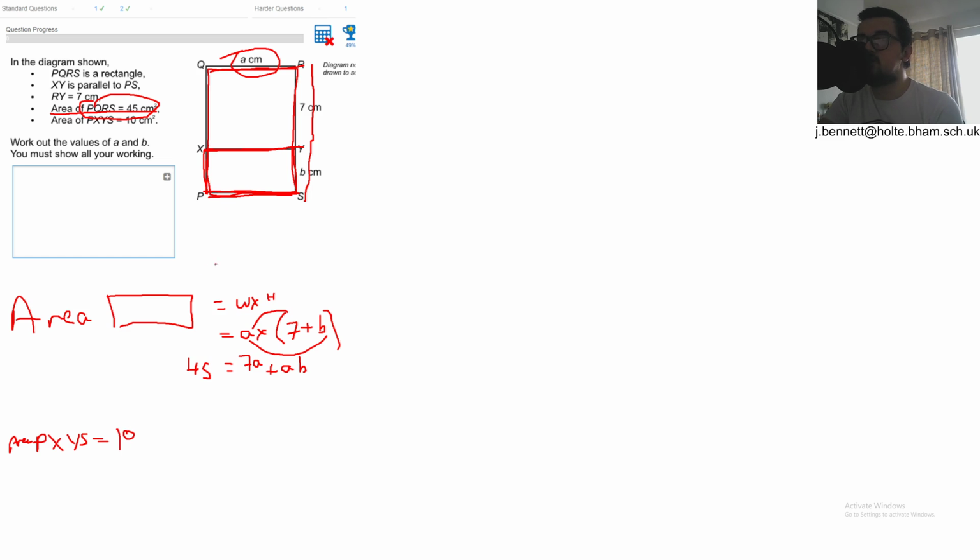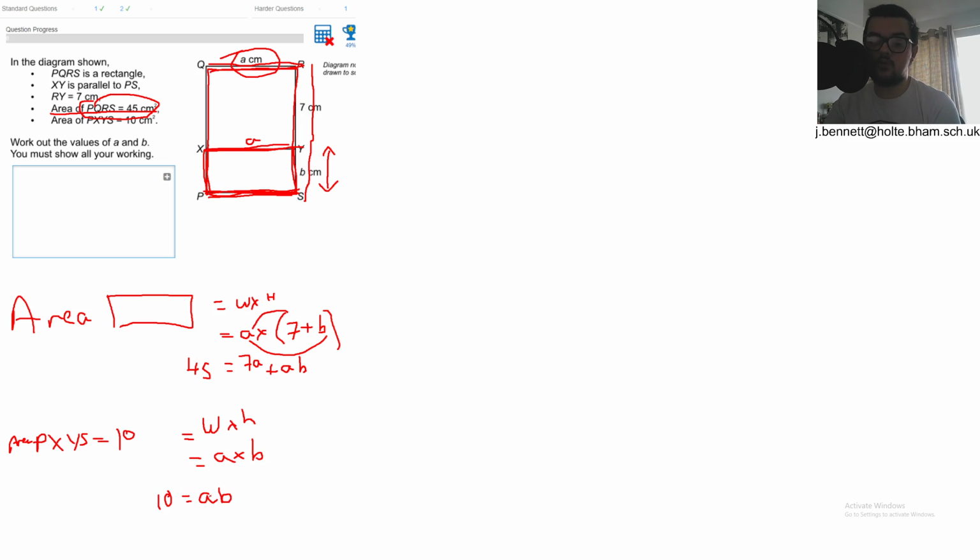And then if we use the question, again it says that XY is parallel to PS, and then we've already said by intuition that it's parallel to PR, so we can call this length here A. So the width times the height equals A multiplied by the height, which for this small rectangle is just B. So A times B. So we have 10 equals AB.